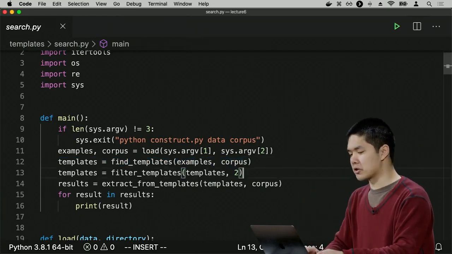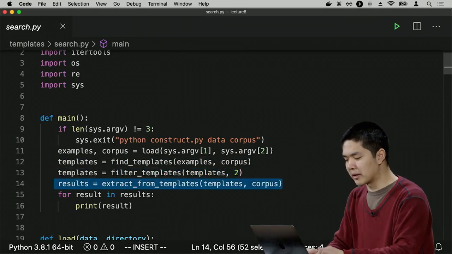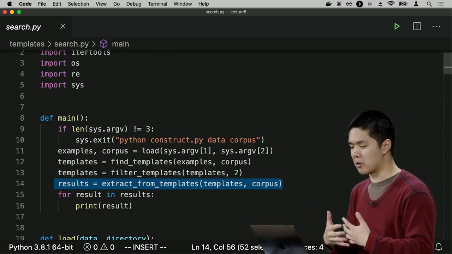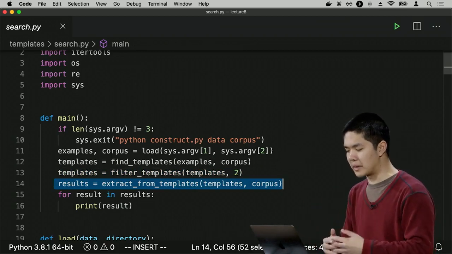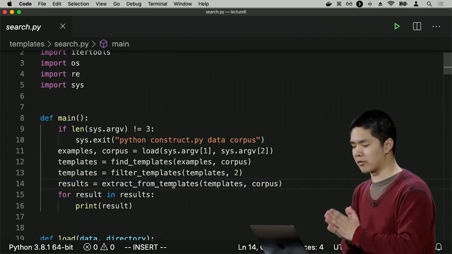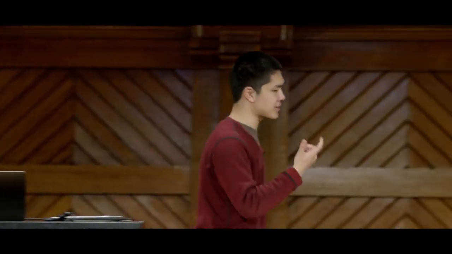Here I'm filtering down to just look at the top two templates that happen to match, and then using those templates to extract results from the data that I have access to, being able to look for all of the information that I care about. And that's ultimately what's going to help me print out those results to figure out what the matches happen to be. And so information extraction is another powerful tool when it comes to trying to extract information.